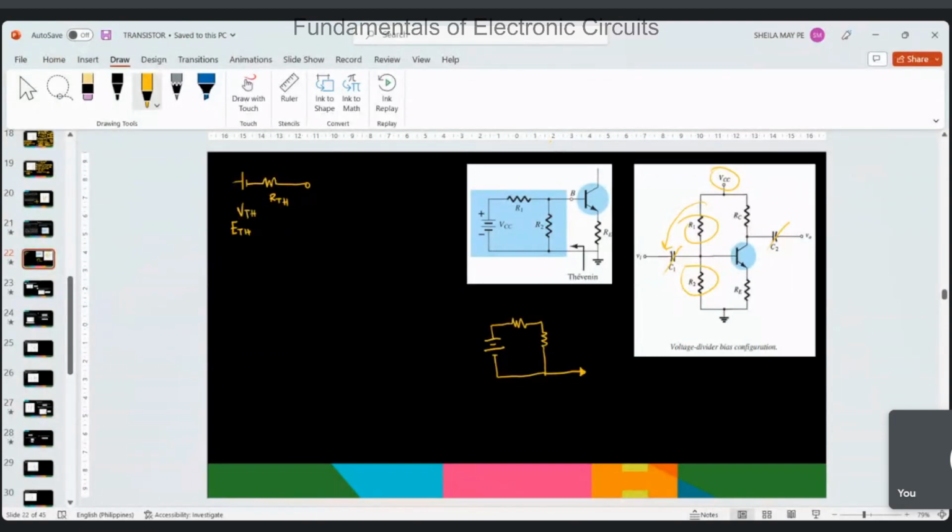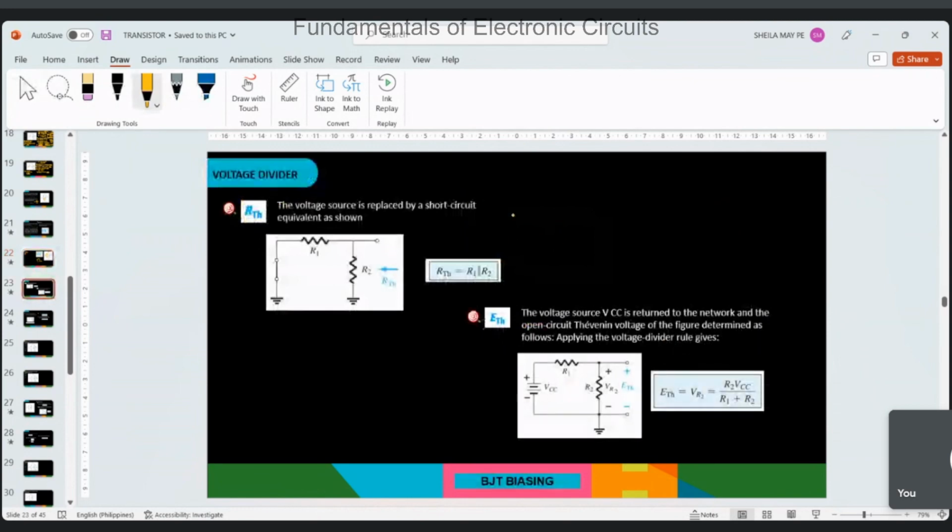Okay, so this one here is our Thevenin circuit. These are the components that need to be transformed. In order for us to transform that, we need to use the RTH. The voltage source is replaced by a short circuit equivalent as shown.